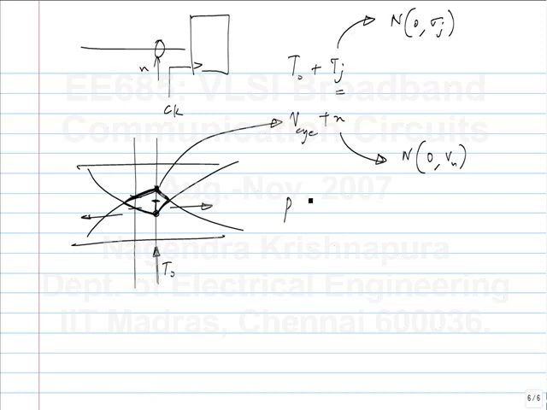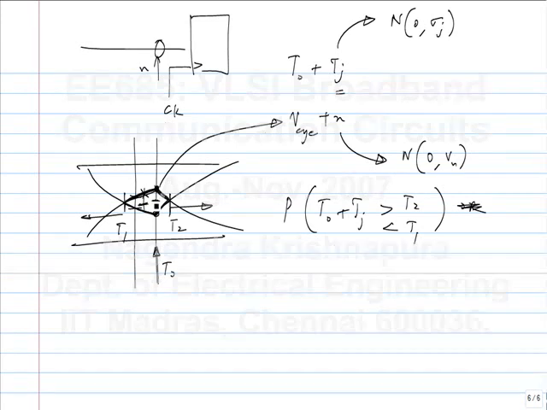You want to calculate the probability of T0 plus Tj becoming greater than T2, let's say this is T2, this is T1, or less than T1. Either this will give you an error, or actually, because when the clock moves, you also have to look at the value of the eye opening at that point, and that becoming negative.